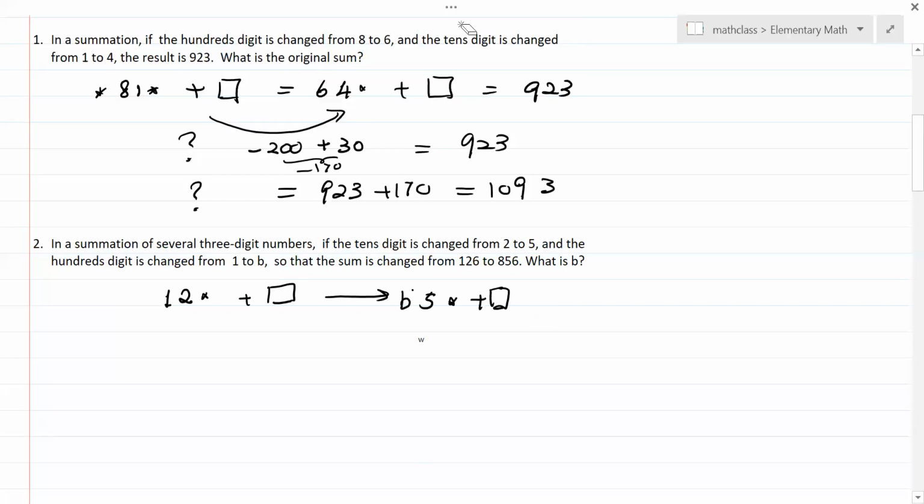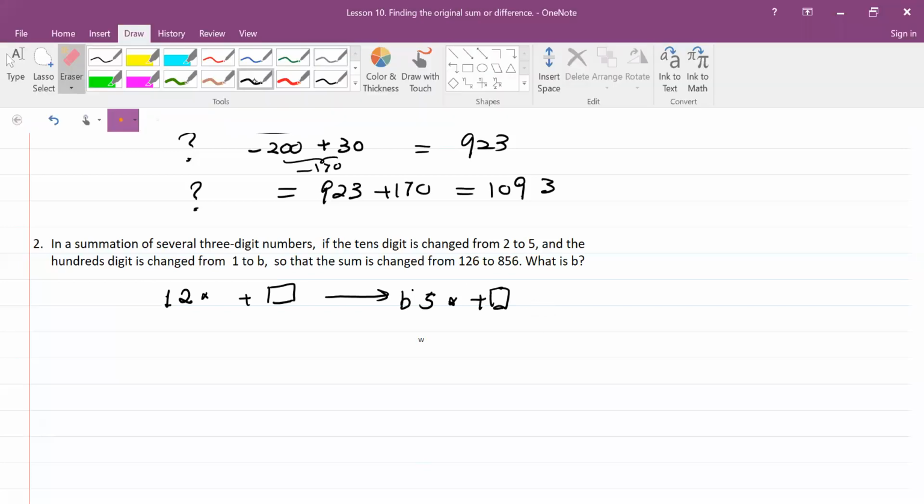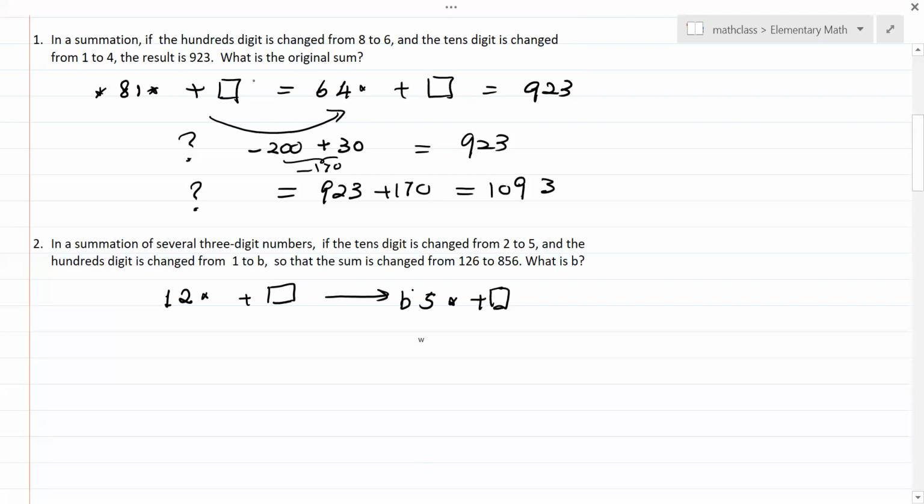So the difference here, look at the sum. This is already the sum, 226. I'm going to change the problem a little bit.